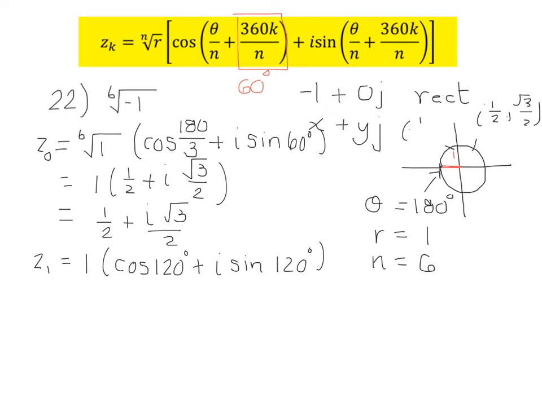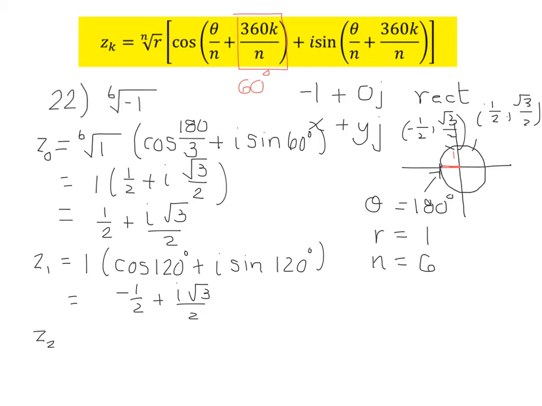Its x-coordinate is -1/2, and y-coordinate is square root of 3 over 2. So the cosine, -1/2, the sine, square root of 3 over 2, times I. There's my second 6th root of -1, excuse me.